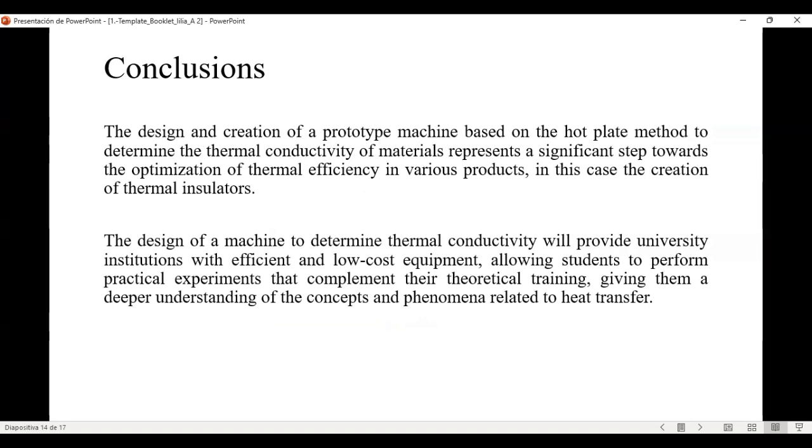The design of a machine to determine thermal conductivity will provide university institutions with efficient and low-cost equipment, allowing students to perform practical experiments that complement their theoretical training, giving them a deeper understanding of the concepts and phenomena related to heat transfers.